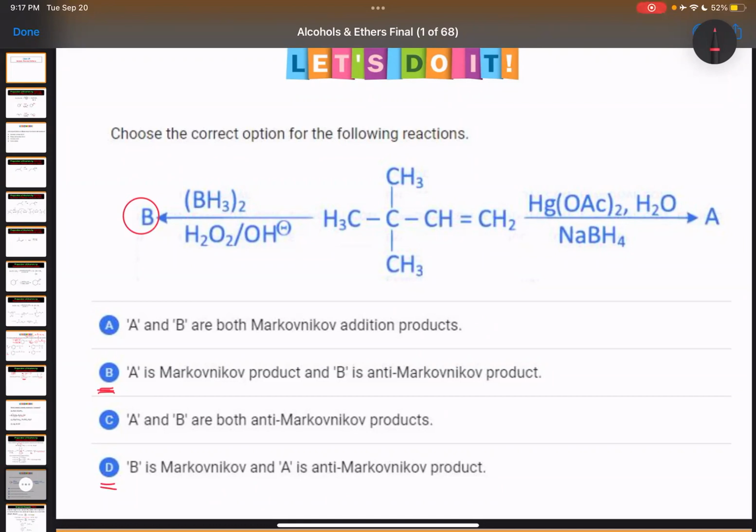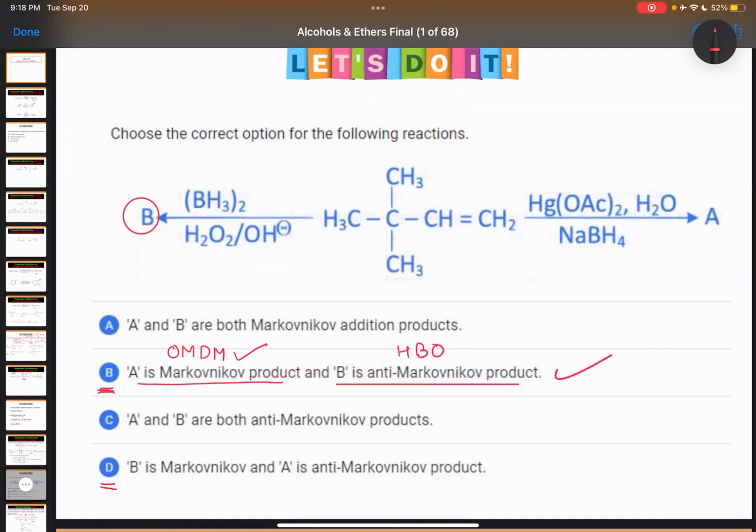So A is Markovnikov, yeah, true, because A is by oxymercuration and demercuration. And B is anti-Markovnikov, that also is true, because it is by hydroboration and oxidation. Yeah, so this is the right answer.